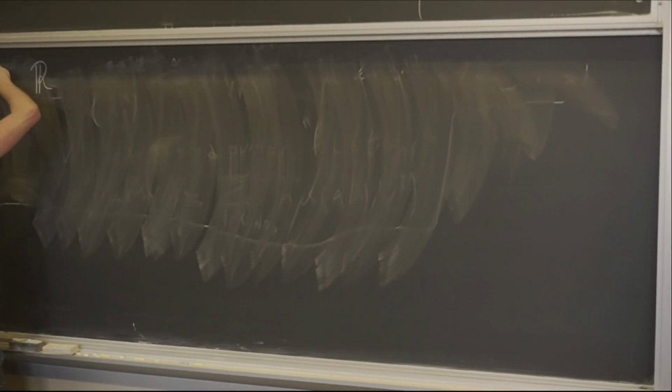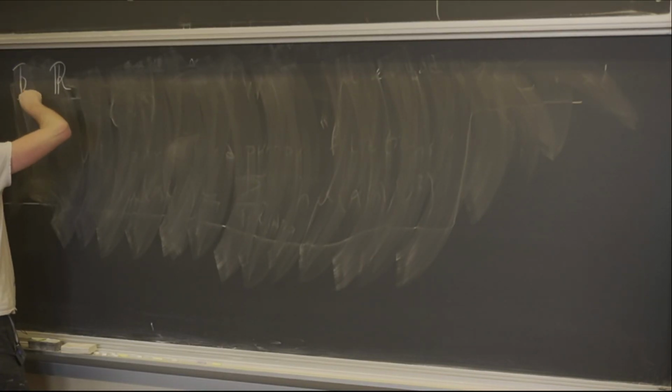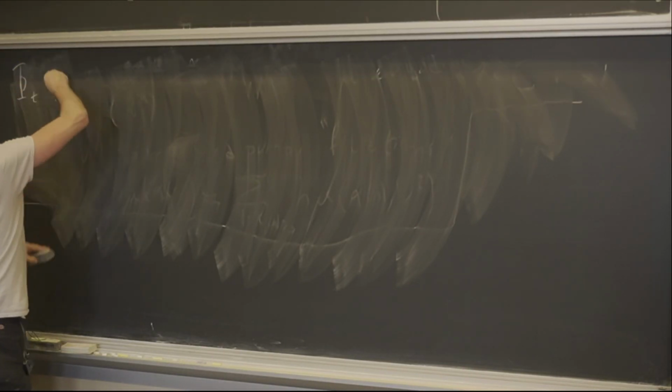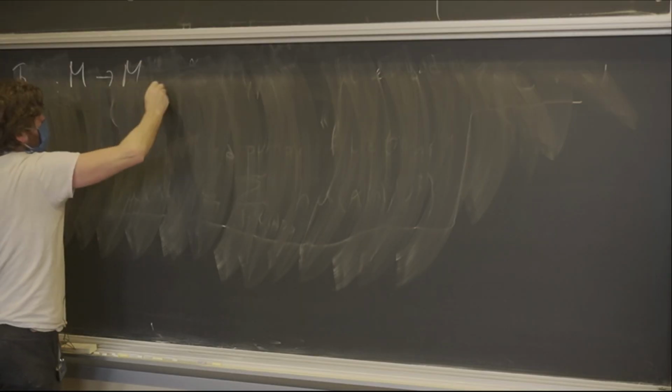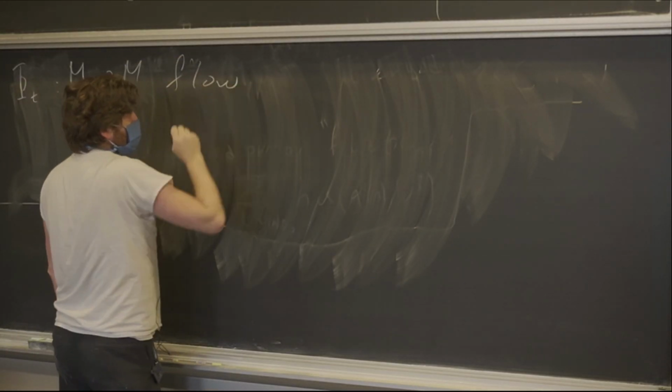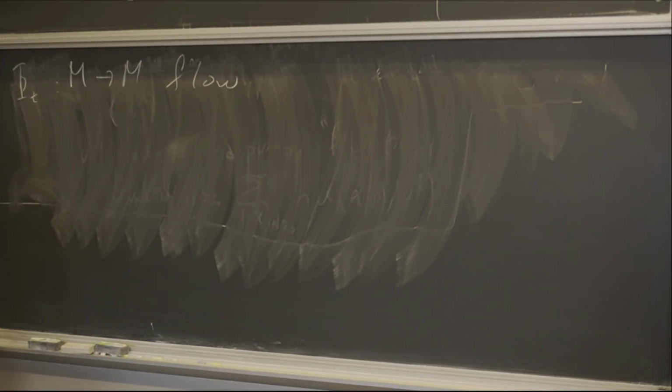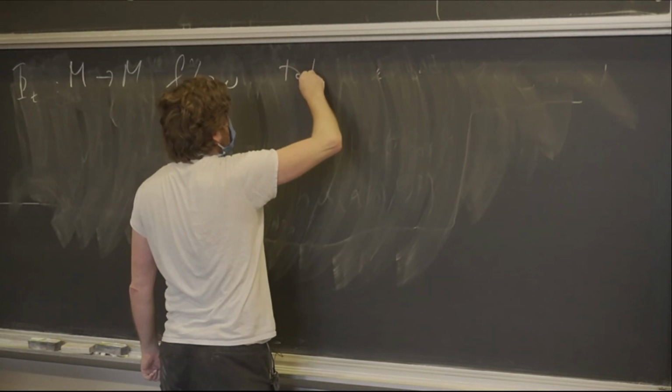Consider a flow phi t from N into N, with whatever basic assumptions so that you have long tubular neighborhoods. Take a measure mu.